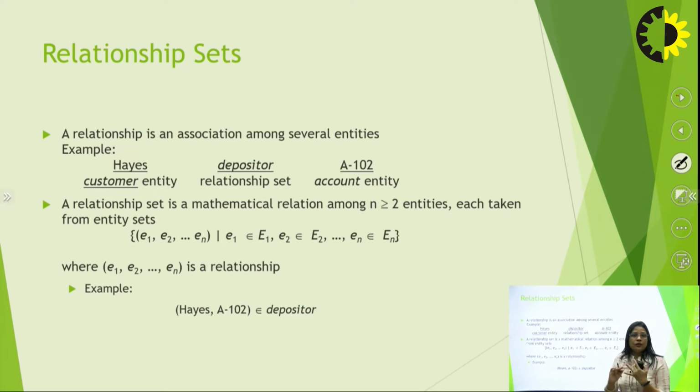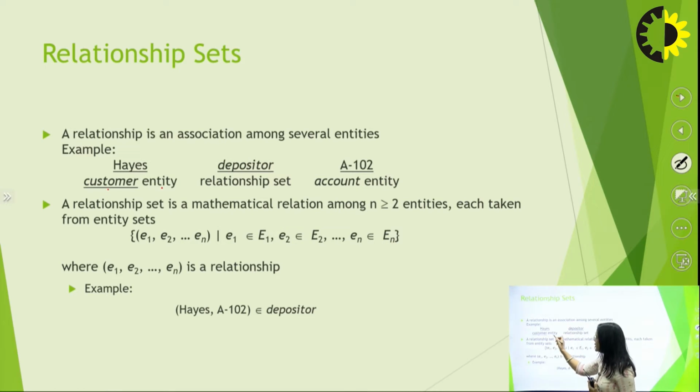Now we have understood the entity set and its attributes. Now it's time to understand the relationship set. A relationship is an association among several entities. If we have 2 entities, a student and a teacher, we'll have some relationship between them, and we need to show that relationship in the ER diagram or ER model of a college. Here is an example.